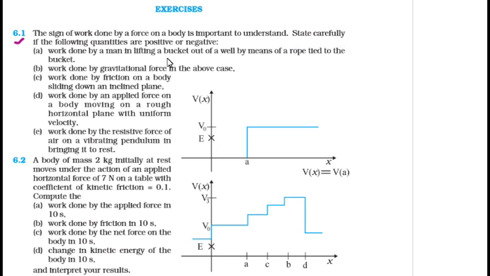State carefully if the following quantities are positive or negative. A. Work done by a man in lifting a bucket out of a well by means of a rope tied to the bucket.